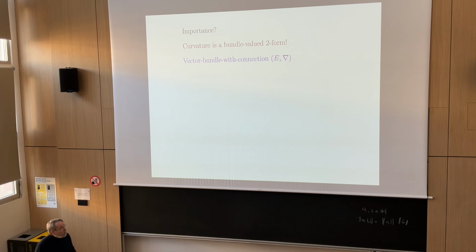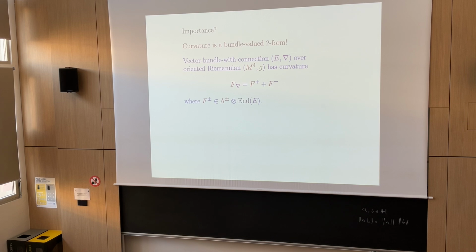So if you have a vector bundle E with connection nabla over an oriented Riemannian four-manifold, where E could be of arbitrary rank, take any connection. Then you can split up two forms into self-dual and anti-self-dual pieces, and this shows up by saying that the curvature of the vector bundle has a self-dual piece and an anti-self-dual piece.